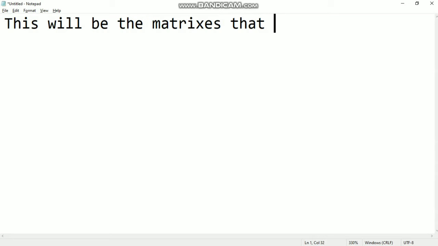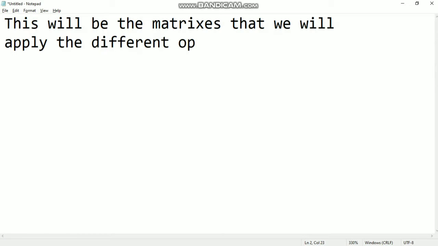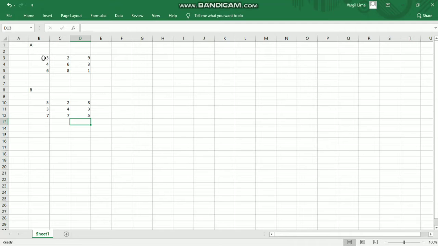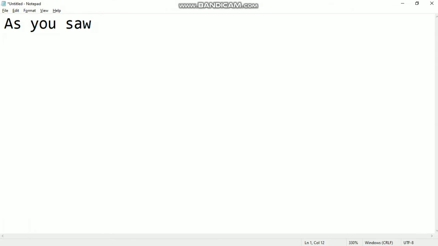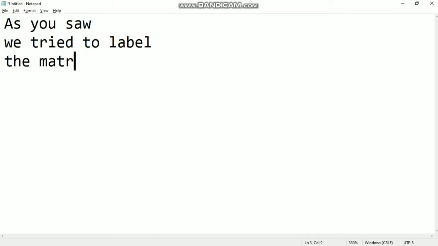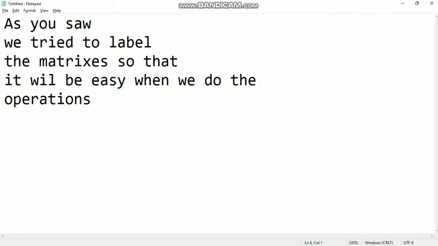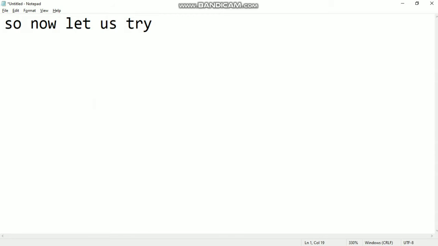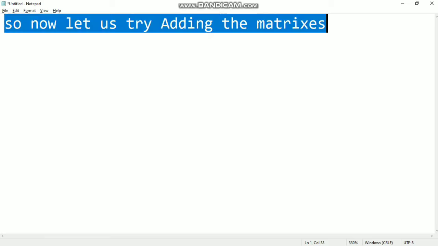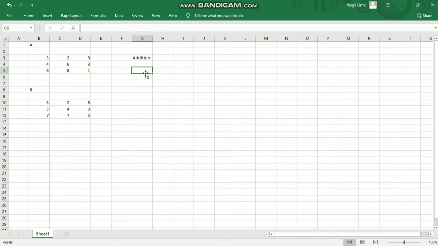These will be the matrices that we will apply the different operations to. As you saw, we labeled the matrices so that it will be easy when we do the operations. So, now let us try adding the matrices.